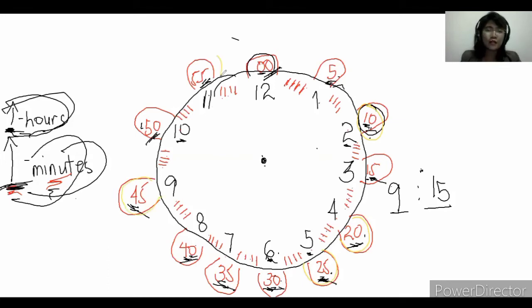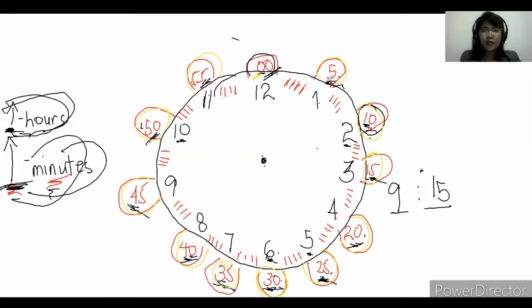Next. 55. Next. 40. Next. Okay, 30. Next. Okay, 50. Very good. 5. 15. 35. And o'clock. Okay, one more time.